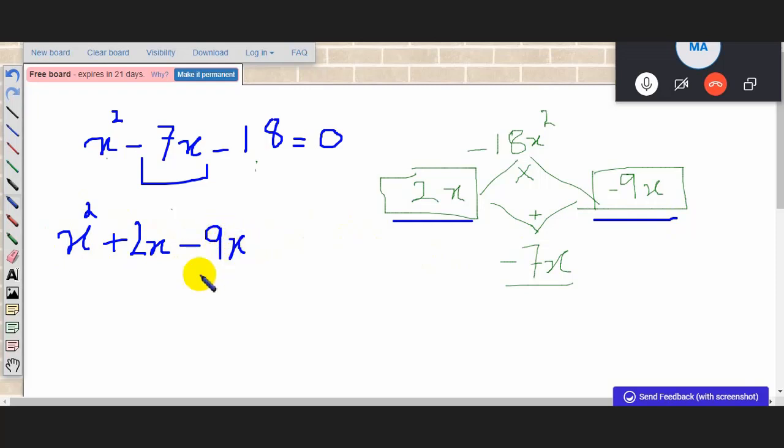I just wrote these two parts instead of negative 7x because the sum of these two parts is again negative 7x, so I can write it, right? And then negative 18 equals 0.